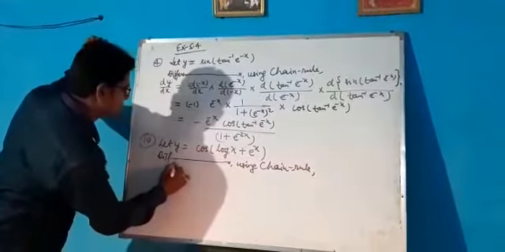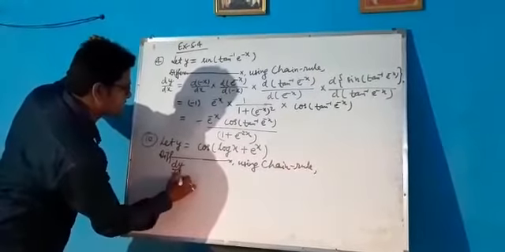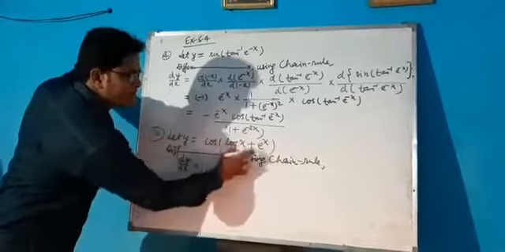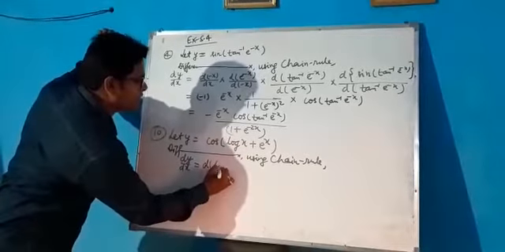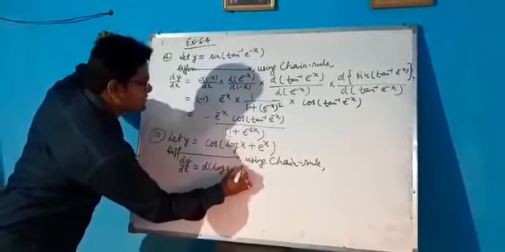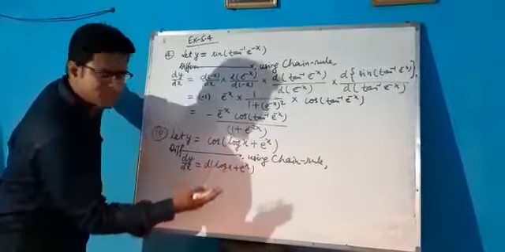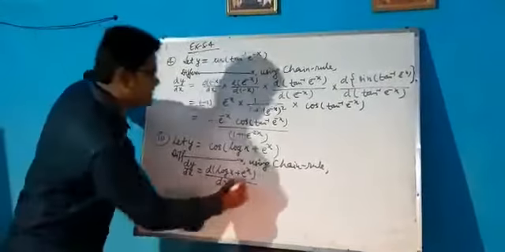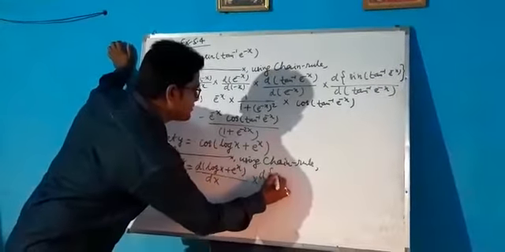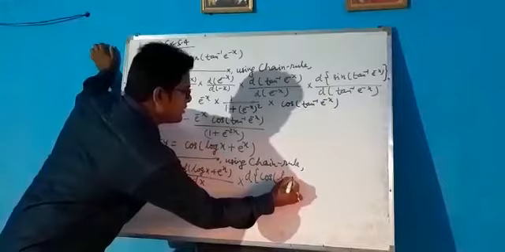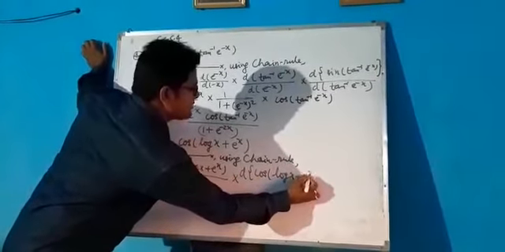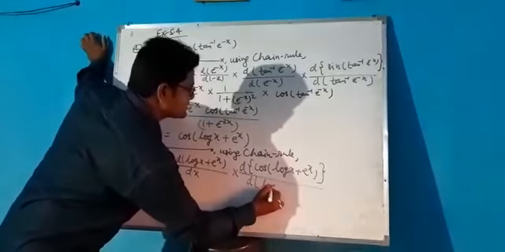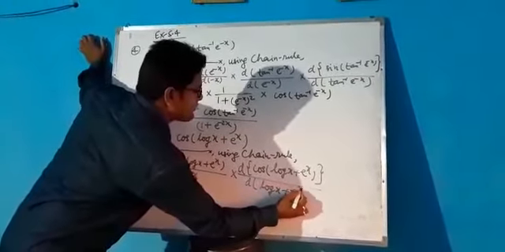Now see, derivative of y with respect to x is equal to. First of all I will find derivative of these two. Derivative of log x plus e to the power x, it is just the sum or difference of two functions with respect to x. Then derivative of cos of log x plus e to the power x with respect to log x plus e to the power x.